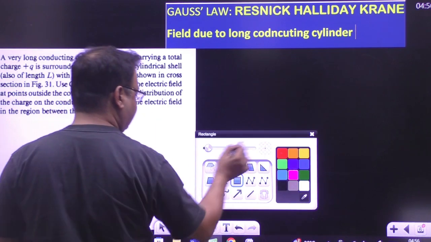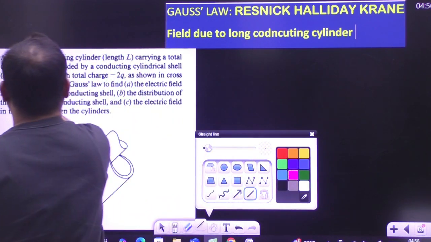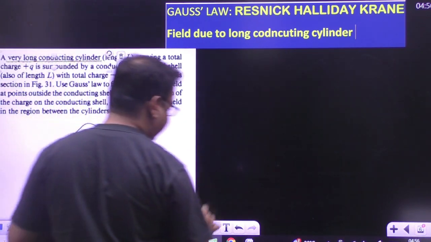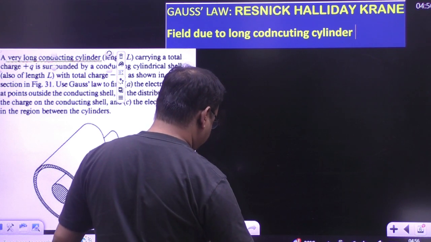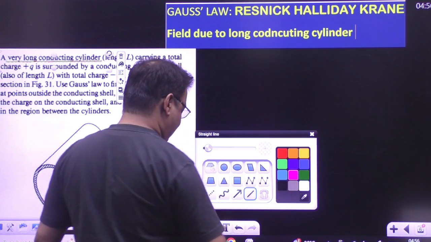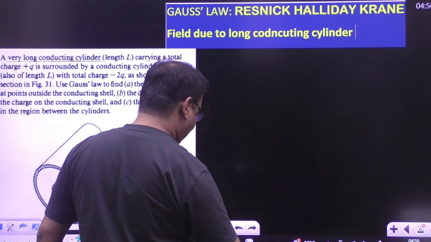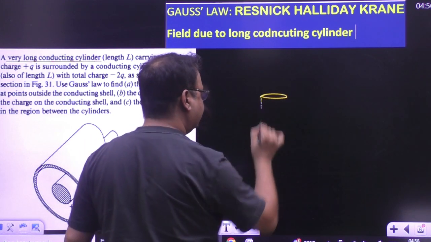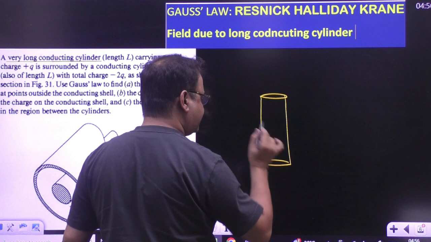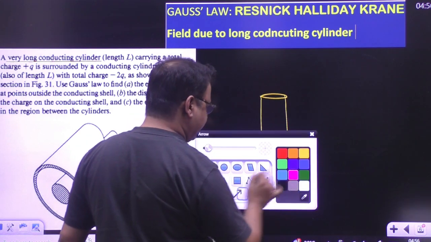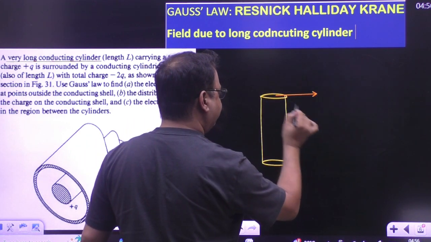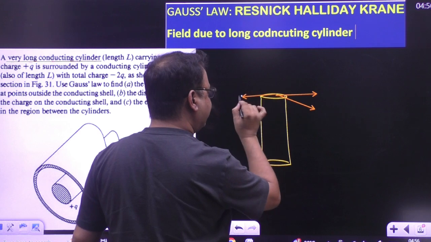So we will have a model of an infinite cylinder. We know that when we have an infinite line or infinite cylindrical charge distribution, we can ignore the edge effects and the field will have cylindrical symmetry.